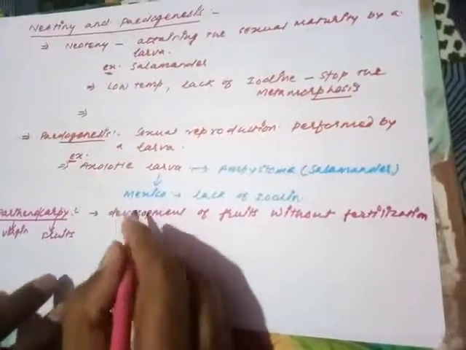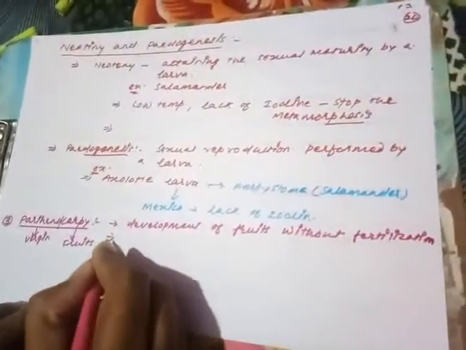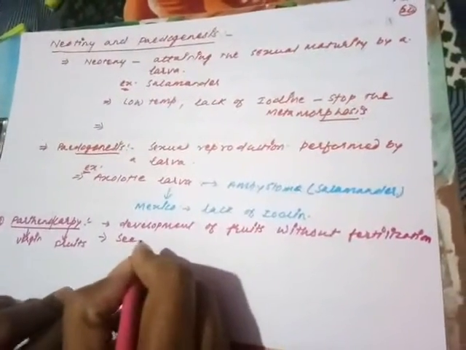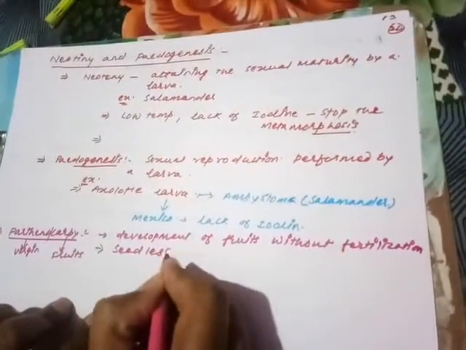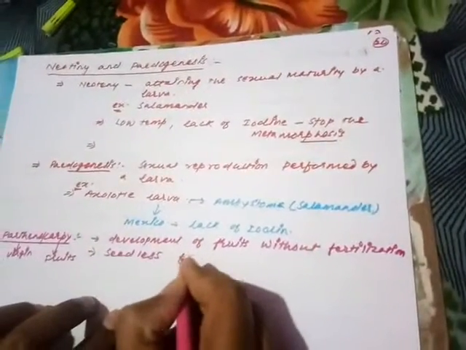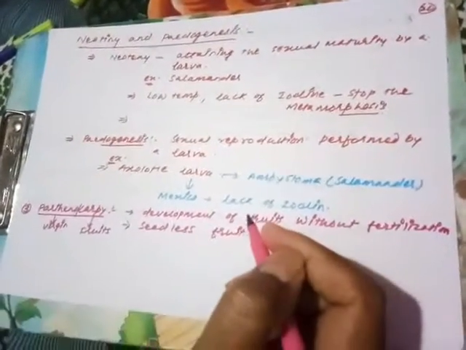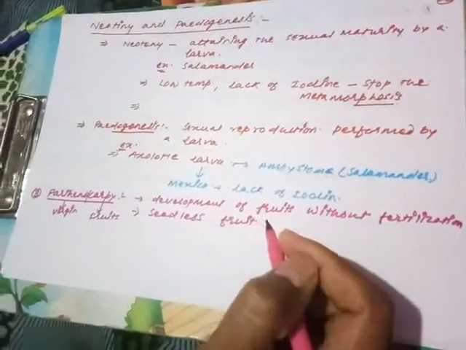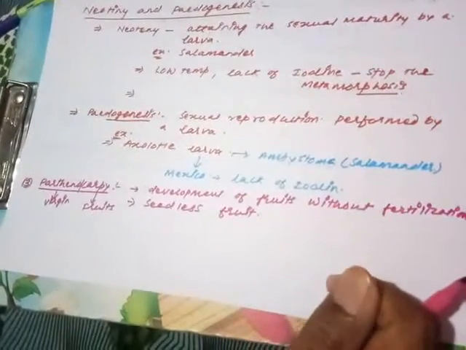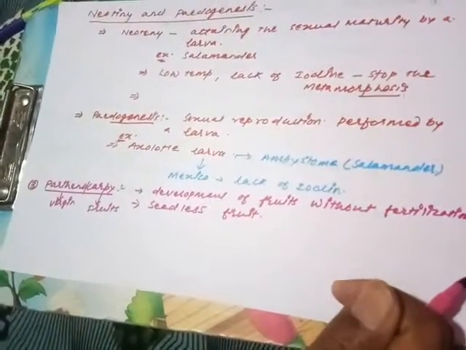The key feature of these fruits is that they are seedless. If they develop without fertilization, they will be seedless, because the seeds are produced by the process of fertilization.